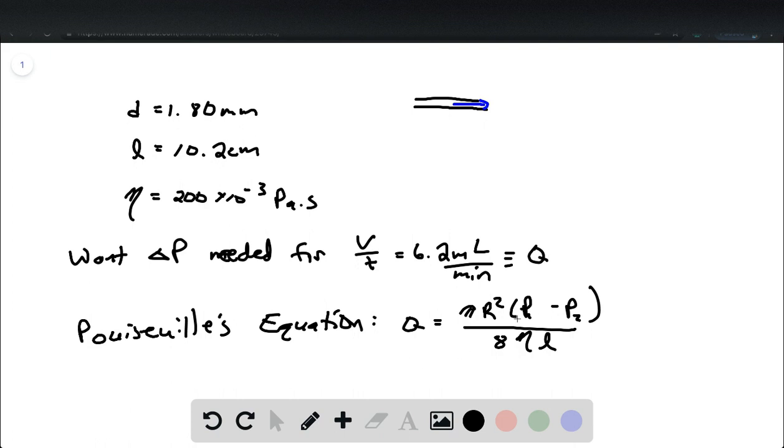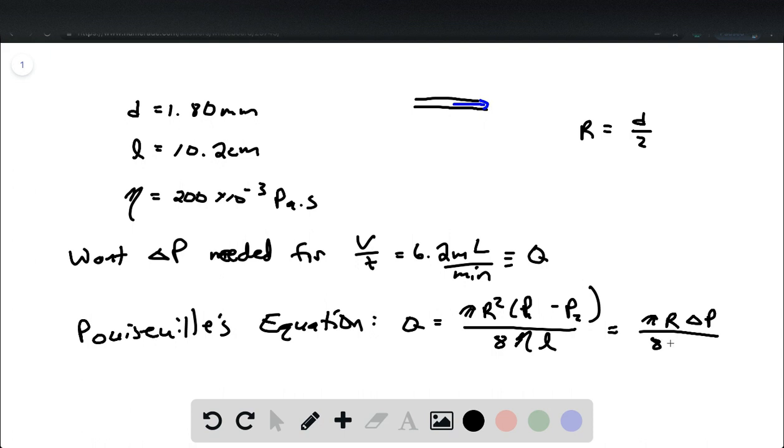So we know the viscosity based on the type of fluid, and we know the length of this tube. We don't know the radius, but the diameter is given, so we can write R as d over 2. Then we can do some algebra and flip this equation around, because we're looking for delta P, which is P1 minus P2.